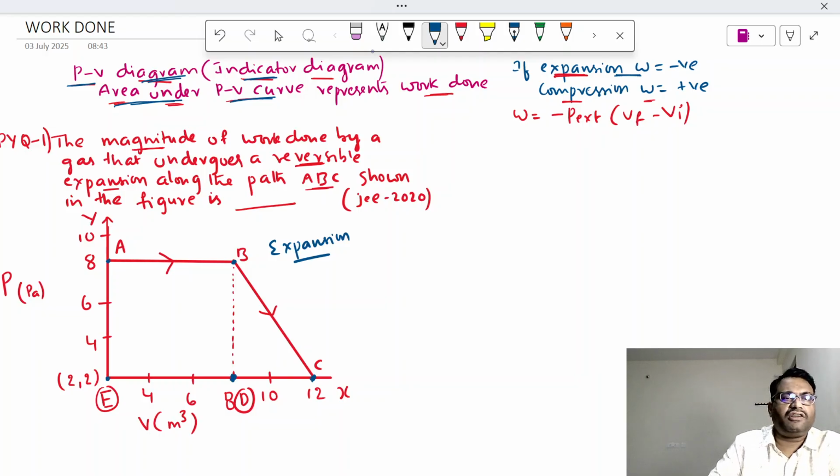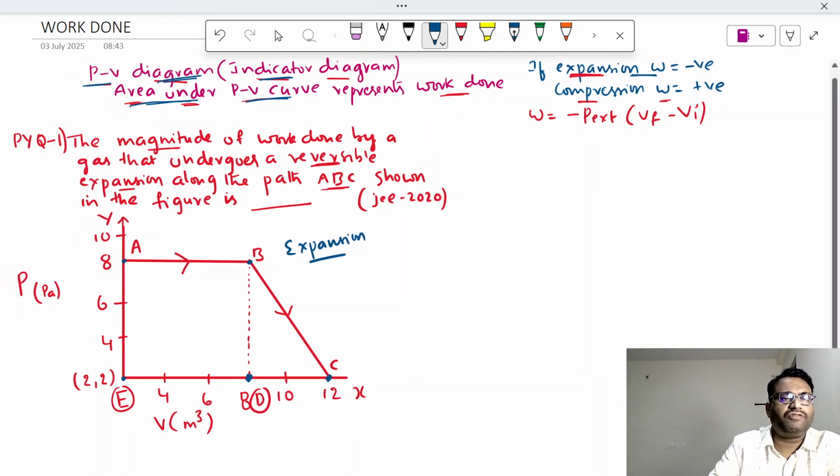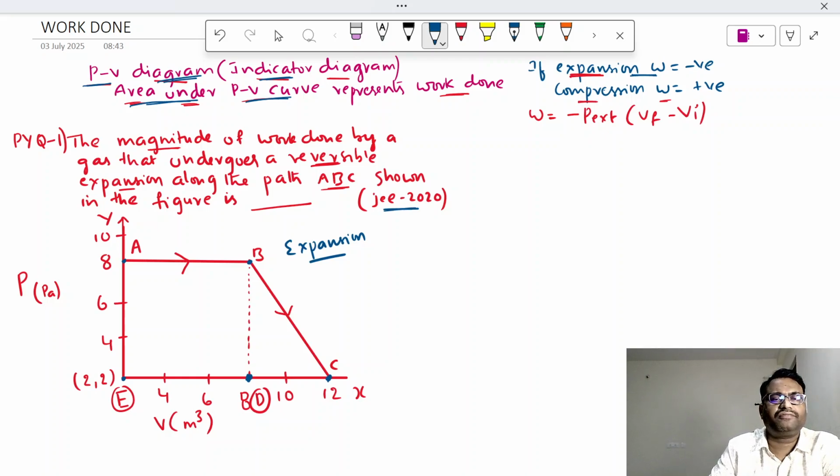So here there is a PYQ question which was asked in JEE 2020. So let us see that. The magnitude, he is asking only magnitude, the magnitude of work done by the gas that undergoes a reversible expansion along the path ABC.